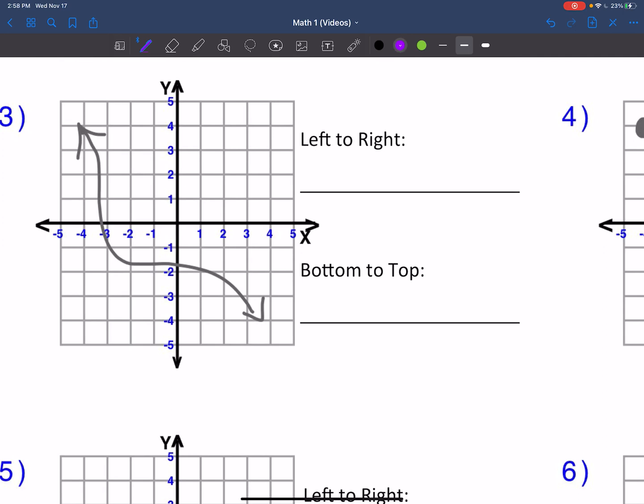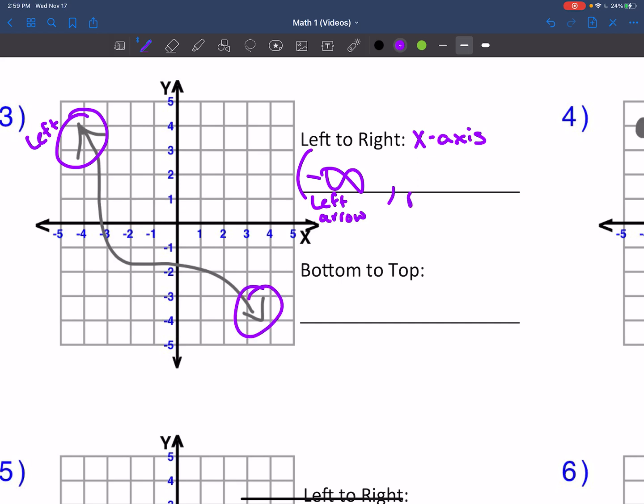Number 3 is kind of crazy. So left to right, so that means we're using the x-axis. So on the leftmost side, we see an arrow, and if it's an arrow on the left, so if it's a left arrow, that means it's a negative infinity. Close the bracket. Okay, so I'm going to even write left here. On the rightmost side, we see an arrow again, so that means it's a right arrow, which means it's a positive infinity, right?